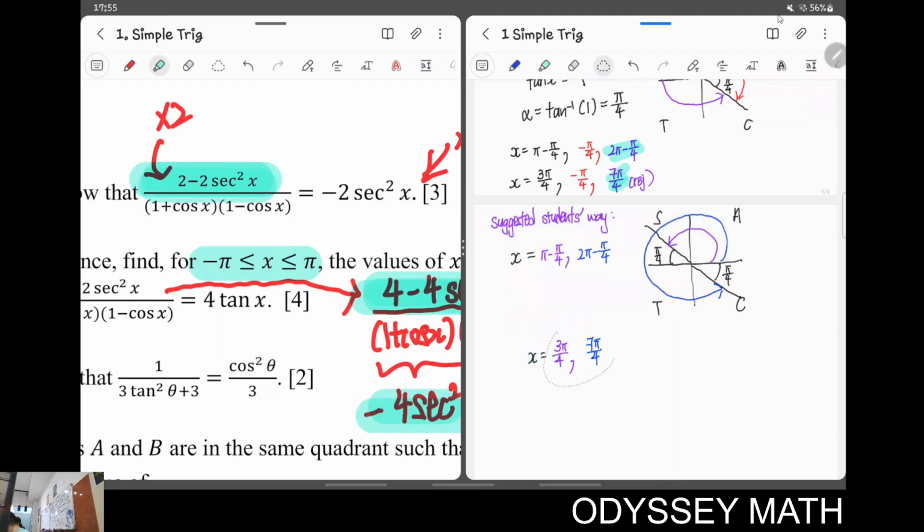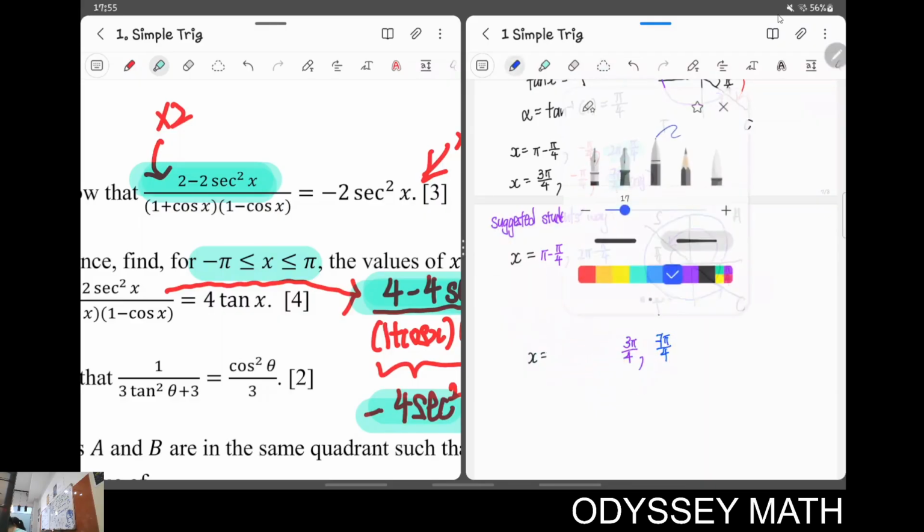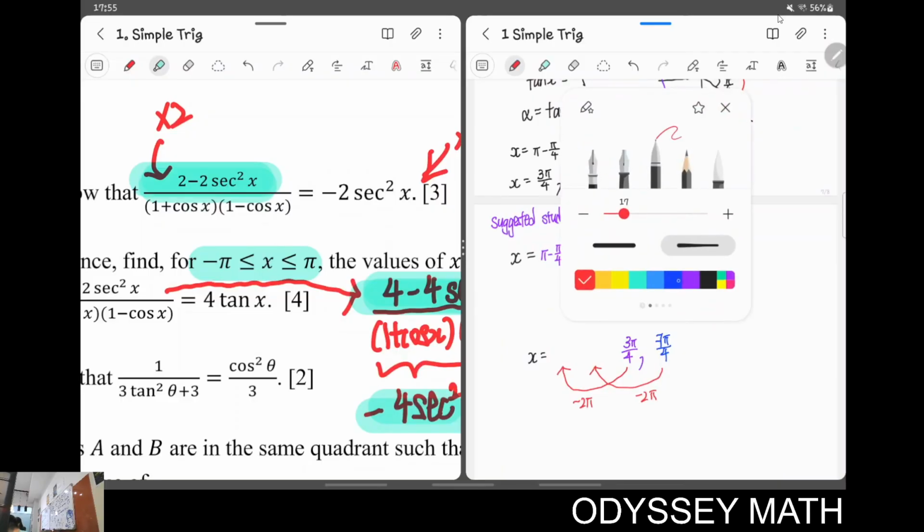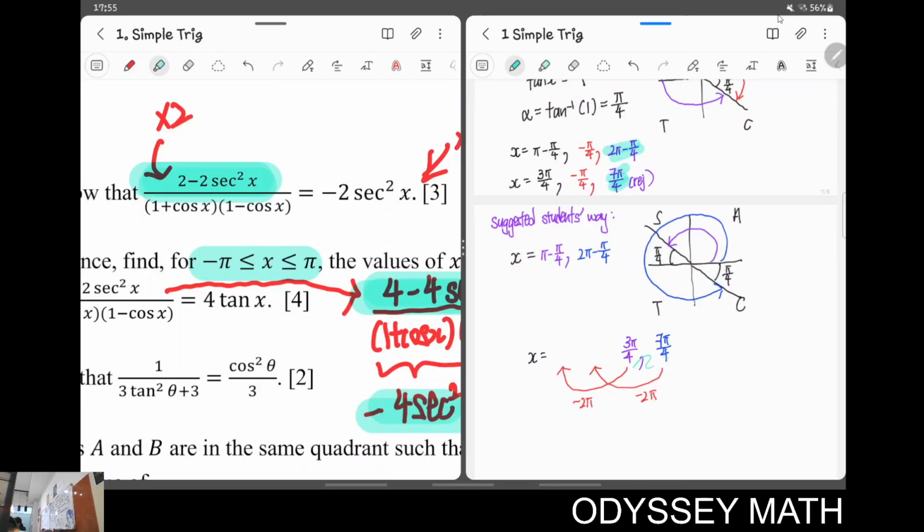And so you figure out your working yourself. This is a trick. You loop it back, minus 2 pi. Minus 2 pi. If you are very kiasu, which you should be, you add 2 pi in front.